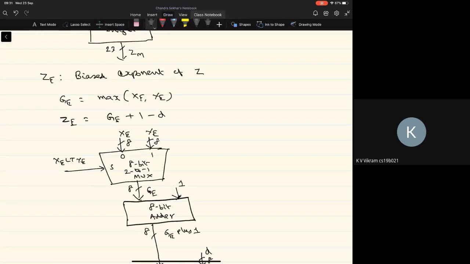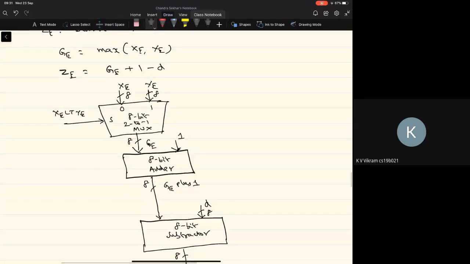So first we need to get the GE, which is the greater exponent of X and Y. How do we get that? We take these two exponents X and Y, and then we use this bit, which indicates whether X is greater than Y or not, and take one of these as the GE, depending on whichever is larger. And then noting that we have to get ZE as GE plus 1 minus D, we don't have to wait until D is available to get this GE plus 1.